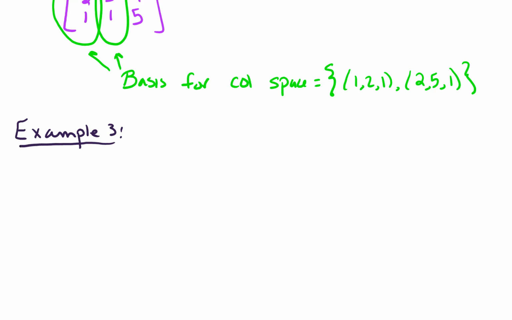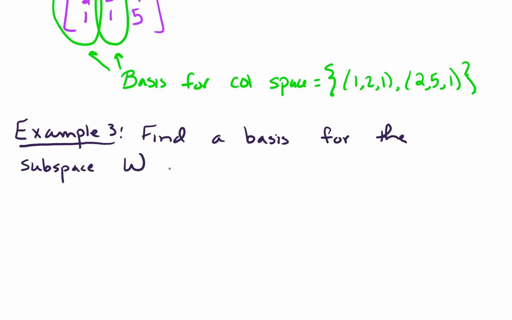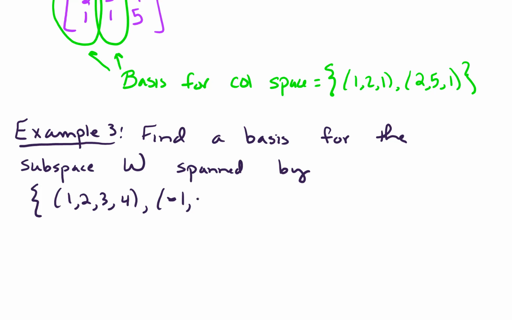Suppose we are given 3 vectors and we want to find a basis for the subspace W spanned by the set of vectors 1, 2, 3, 4, negative 1, negative 1, negative 4, negative 2, and lastly 3, 4, 11, 8.